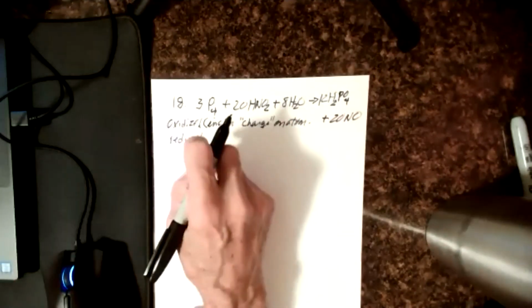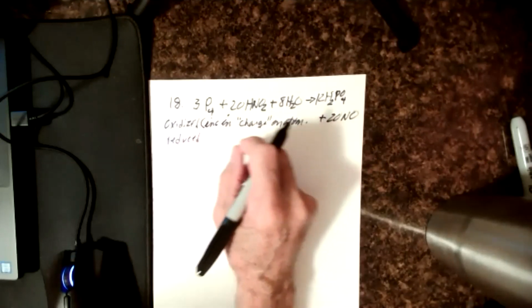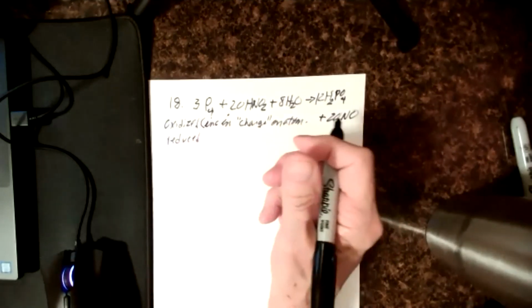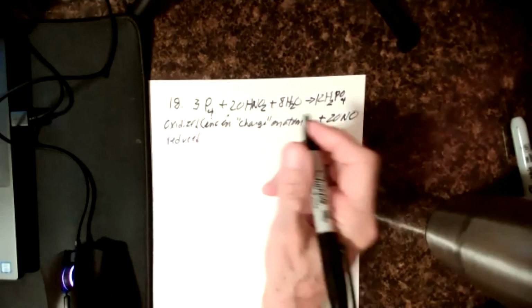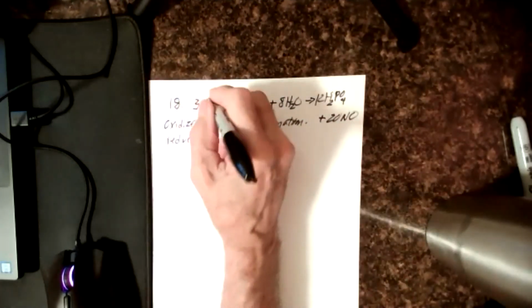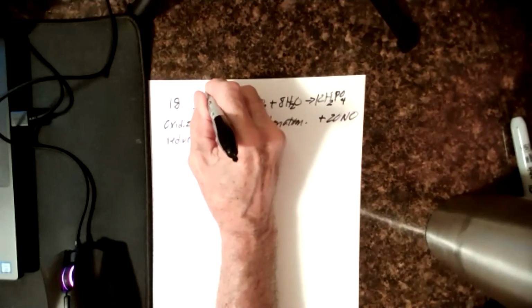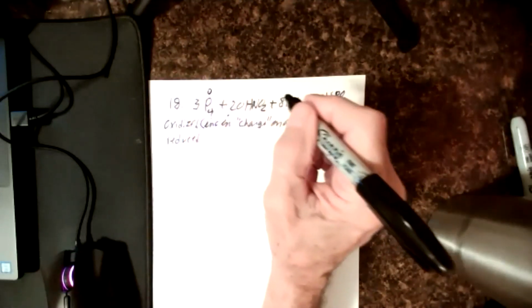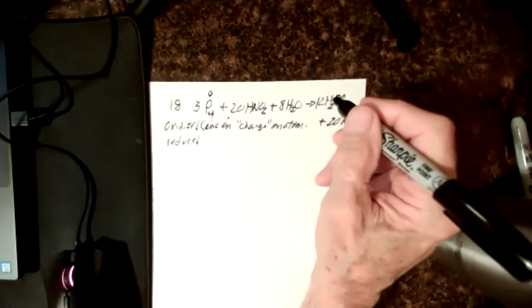Reduction is the reverse of that, the decrease. So I need to know the charge numbers in all of these atoms to pick out what's oxidized and reduced. There's a phosphorus right there, and it's an element. So the oxidation number of phosphorus in an element, or any element by itself, is 0.